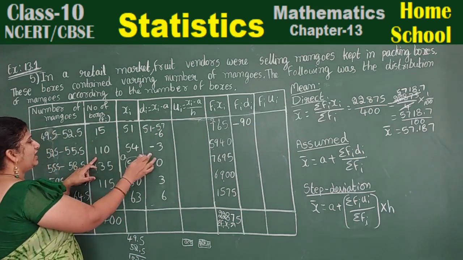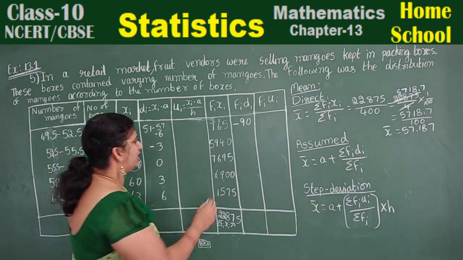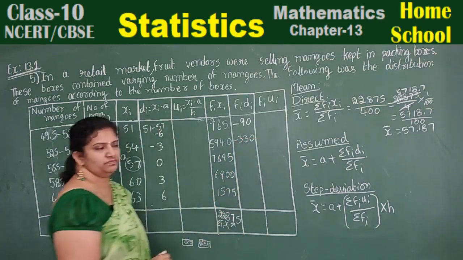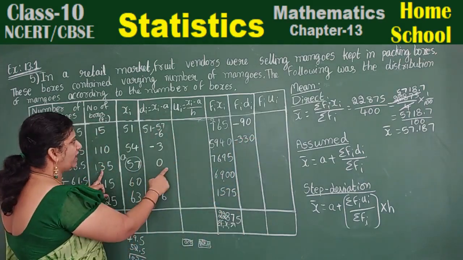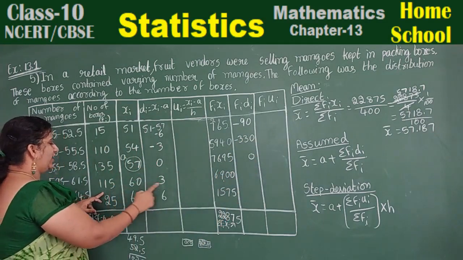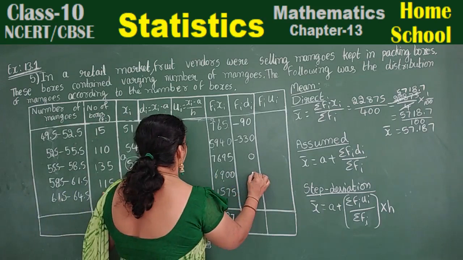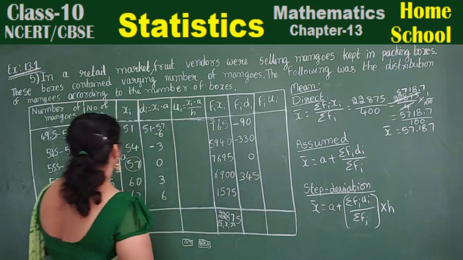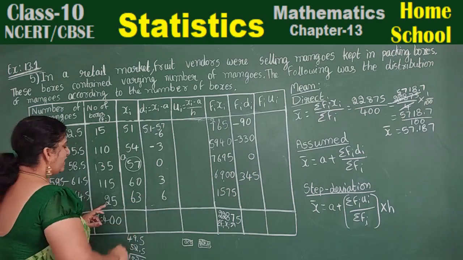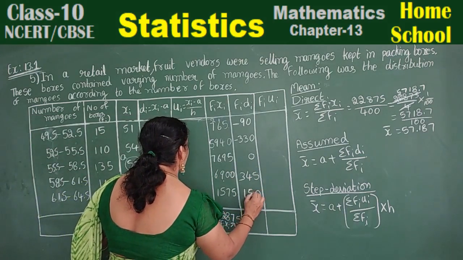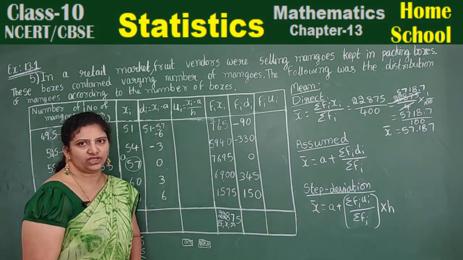Next, fi di: 110 into minus 3, minus 330. 135 into 0, 0. 115 into 3, 345. 25 into 6 is 150.